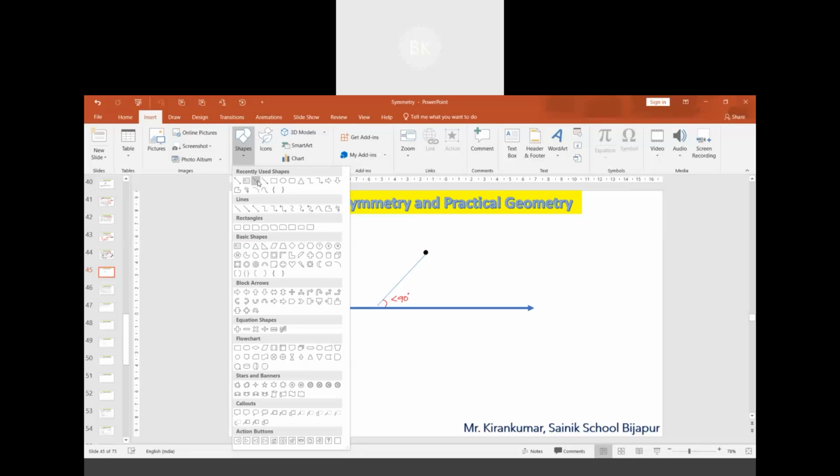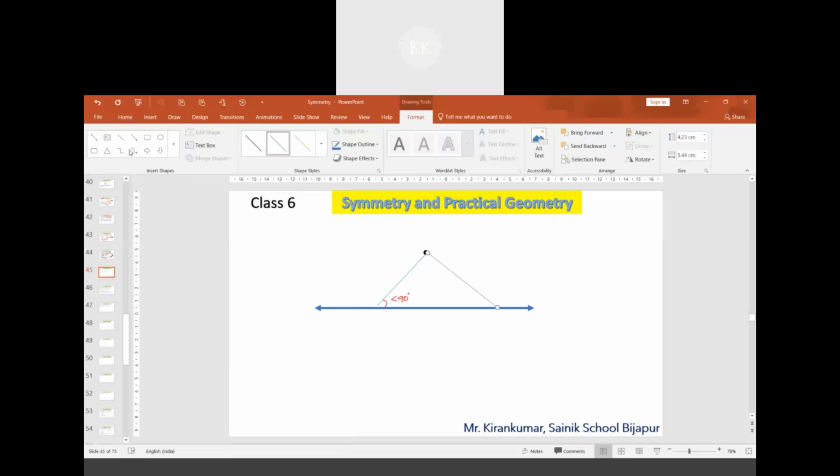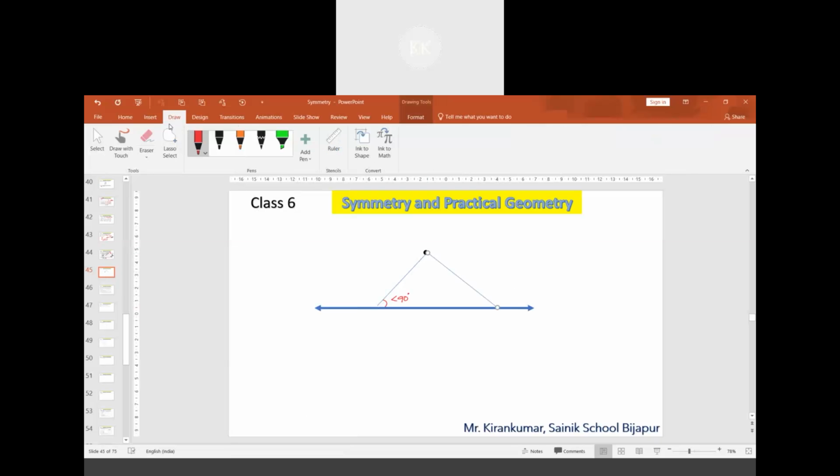At the same time, if I consider some other line here, the angle which is formed is more than 90 degrees. There will be only one line which will be perpendicular to the given line. This will be where the angle is equal to 90 degrees.